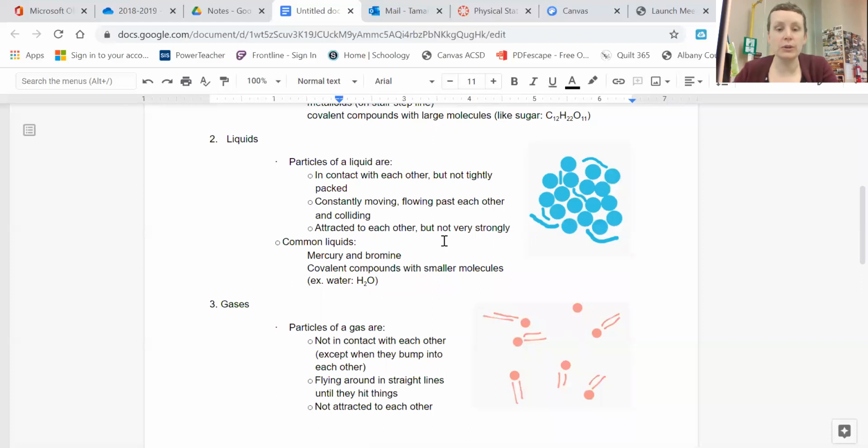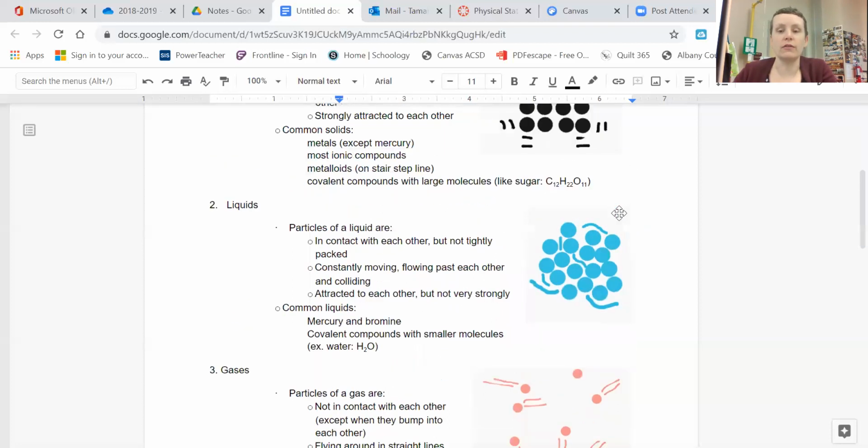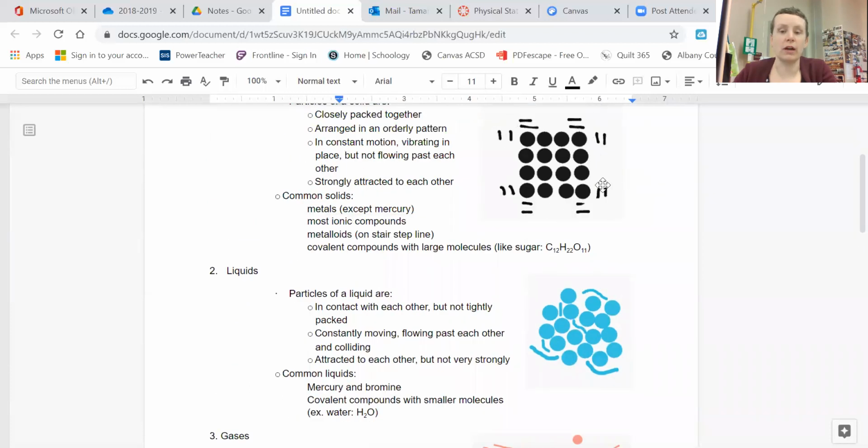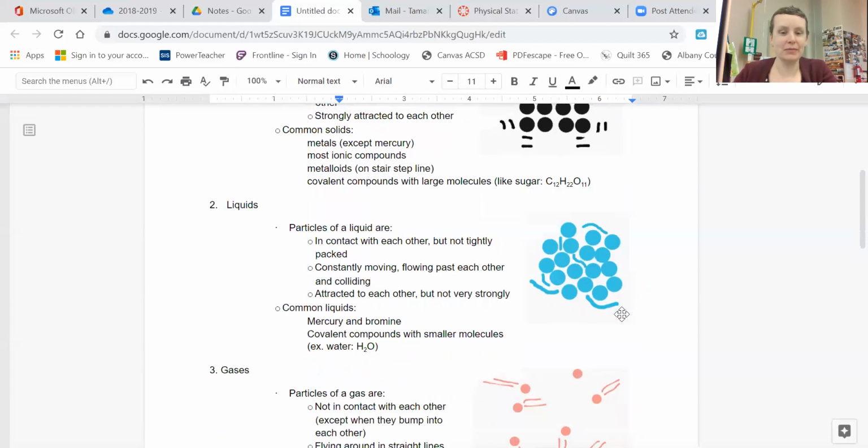And they're attracted to each other, but not very strongly. They're attracted to each other enough to stay near each other, but not enough to hold each other rigidly in place. The little whooshy lines in here indicate flow, instead of the ones up here for the solid, which would be vibration. Flowing through and around each other is what I was trying to go for with that picture.